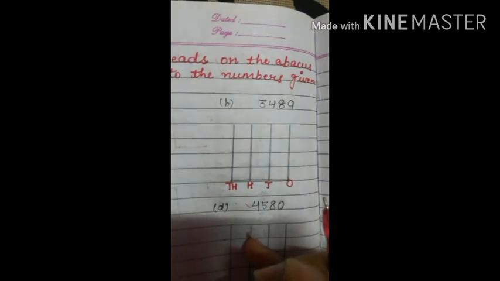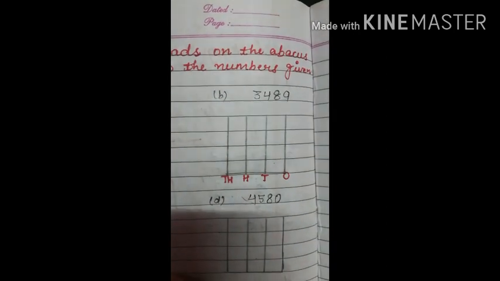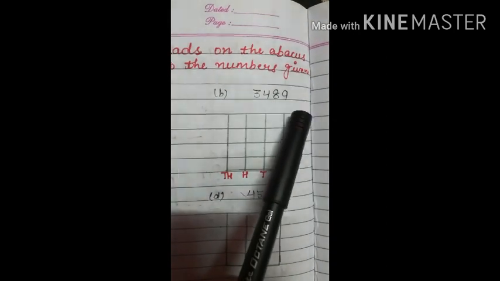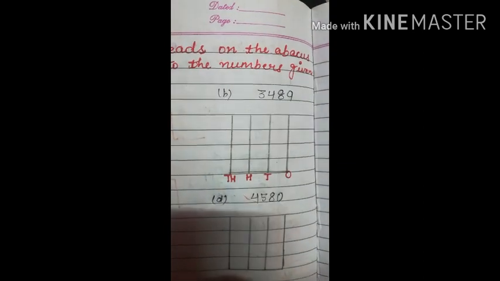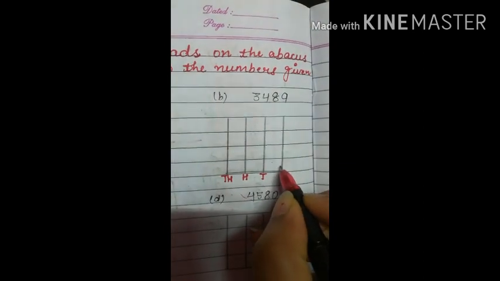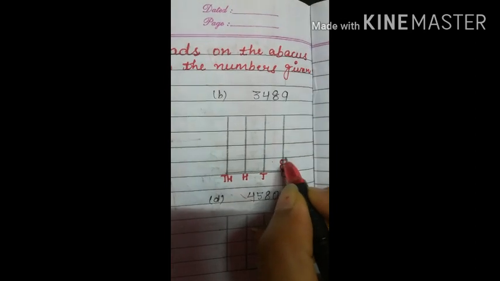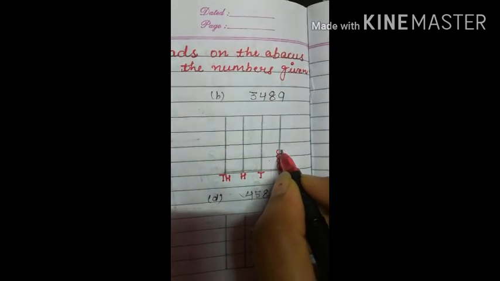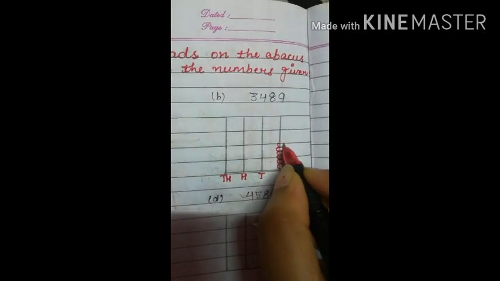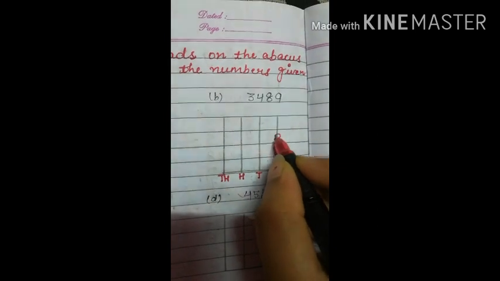Now we will represent the digits that are given here at various places on this abacus. So here on ones place we have 9. So we will draw 9 beads: 1, 2, 3, 4, 5, 6, 7, 8, 9.